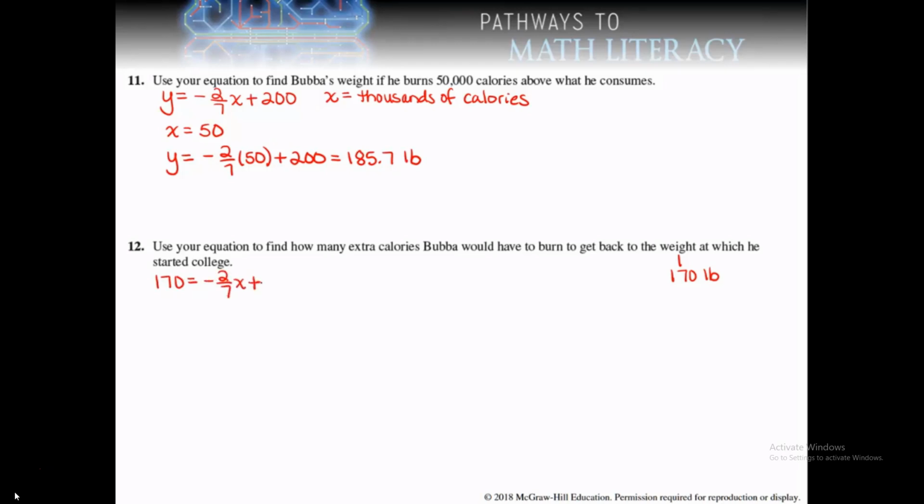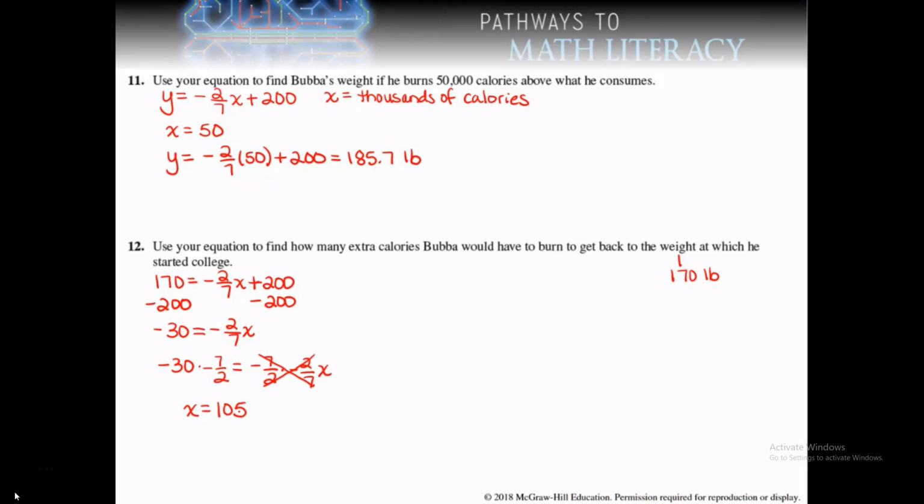So we're going to get negative 30 equals negative 2/7 x. Now we need to think about how to solve that from here. With fractions multiplied times your variable, you want to multiply by the reciprocal. So we need to multiply both sides by negative 7/2. And so that's going to give us x equals 105. Now remember, x values are in thousands of calories, so that's actually 105,000 calories.